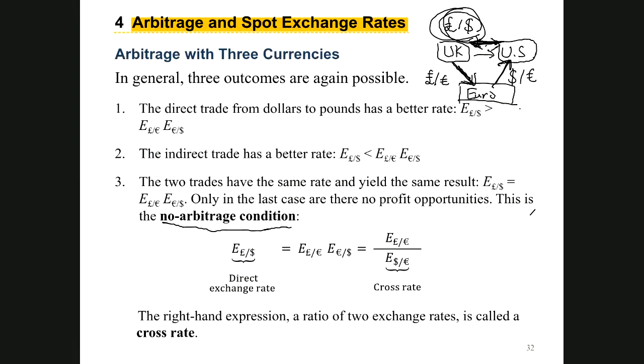So that's this one, the direct exchange rate, and this one uses a different currency, right? You have an intermediate currency here.